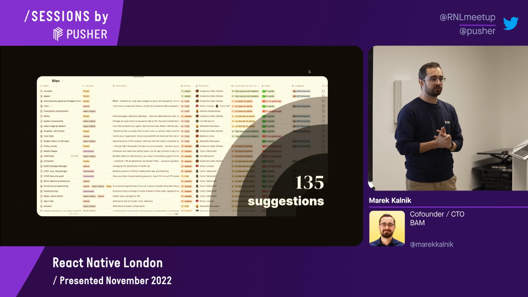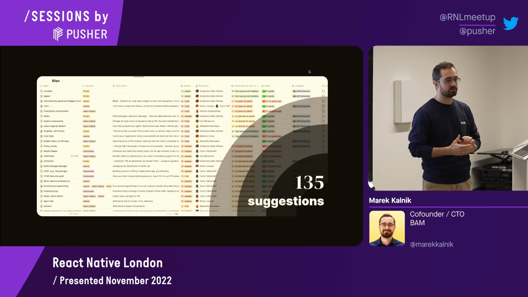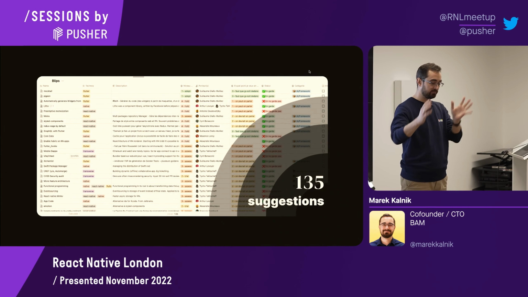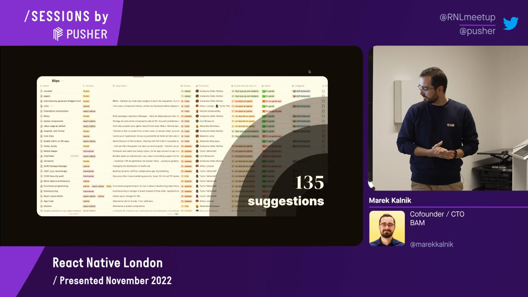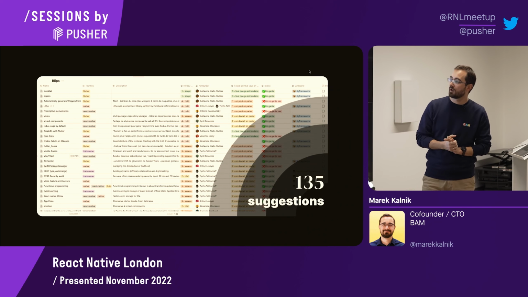I asked my team for suggestions. We have 3 mobile tribes, technical specialties: React Native, Flutter, and Native. Every team contributed to the radar, and we ended up with 135 suggestions.